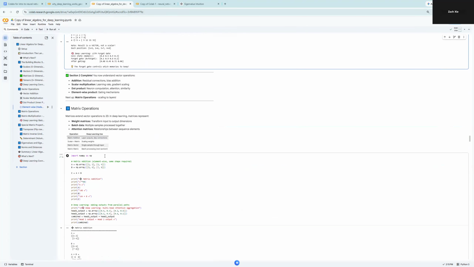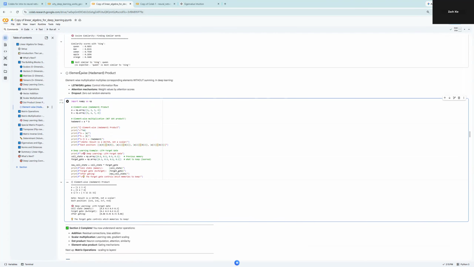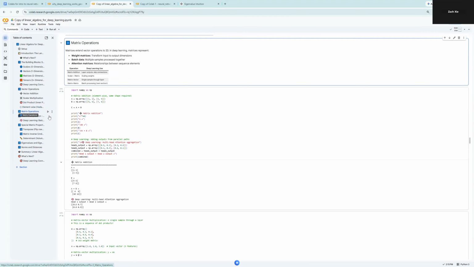That's something that we don't see a lot in regular linear algebra, because that doesn't really make any sense geometrically. But in machine learning or deep learning, it really just computes how two vectors process the signals, like a gate or something. Anyway, so then we move on to matrix arithmetics.